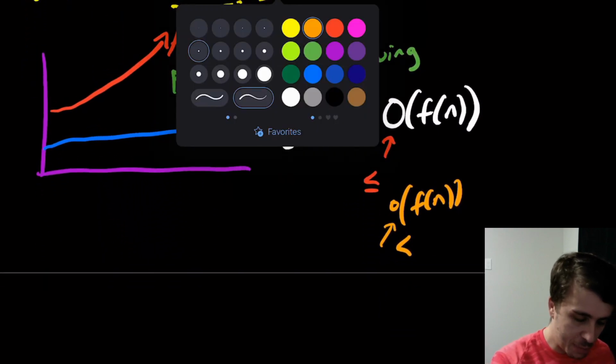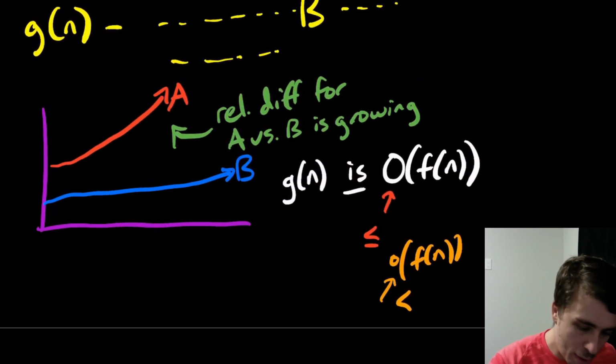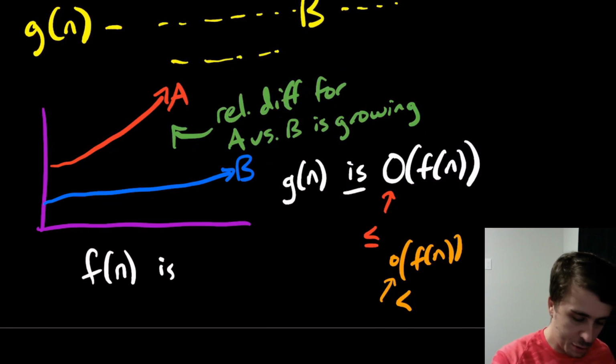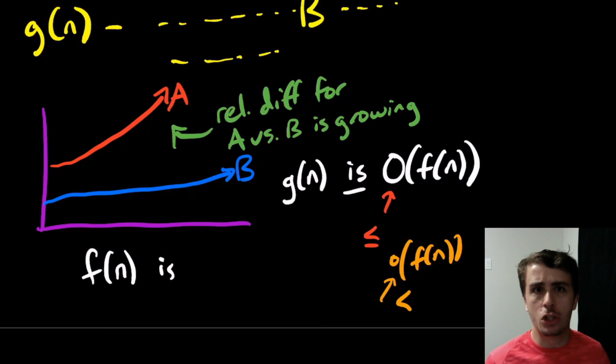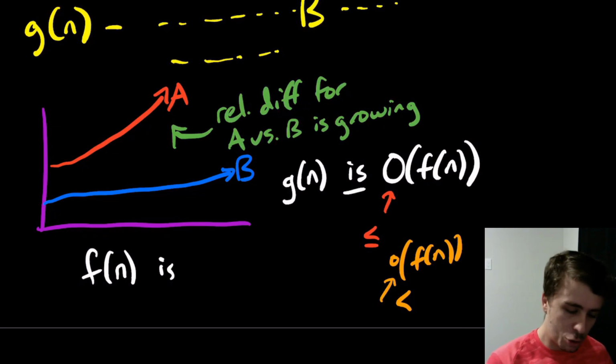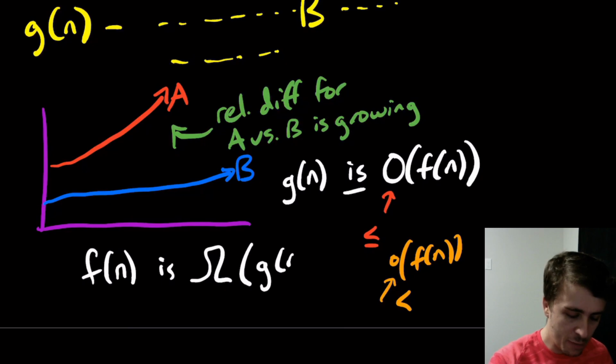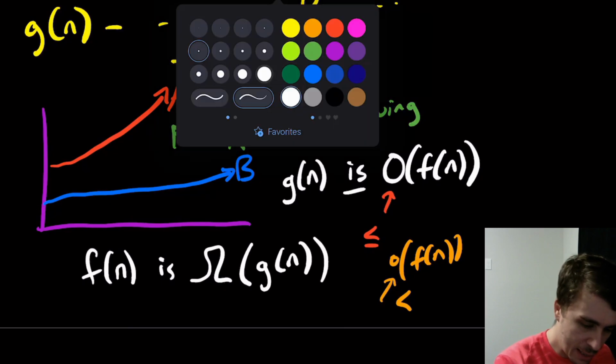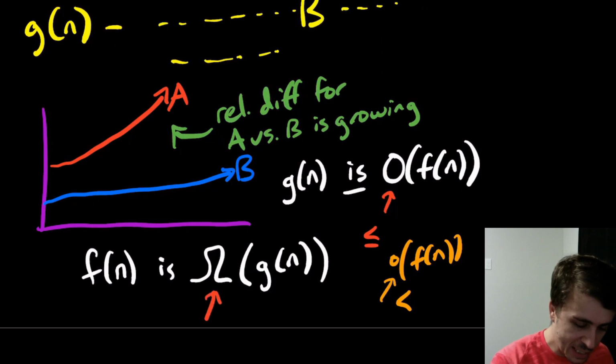The other case may be that, and actually one other thing I should mention is that if we reverse the two, f of n is, well, it's not big O of g of n because it's bigger than g of n. So what we use there is something called big omega of g of n. And that is the exact opposite.